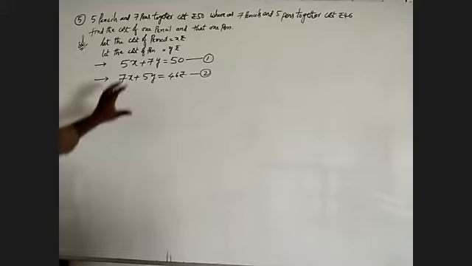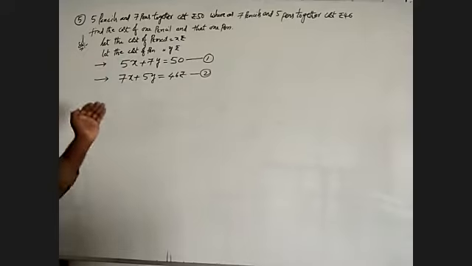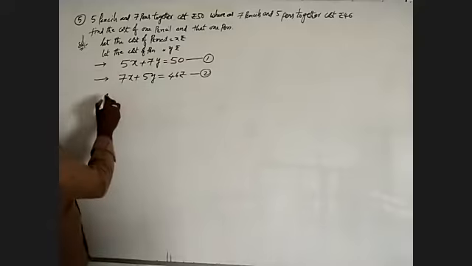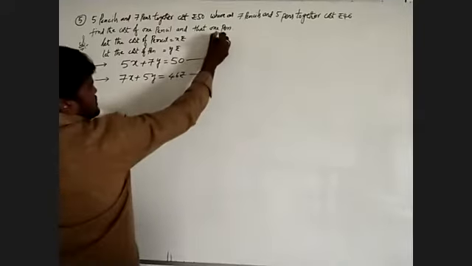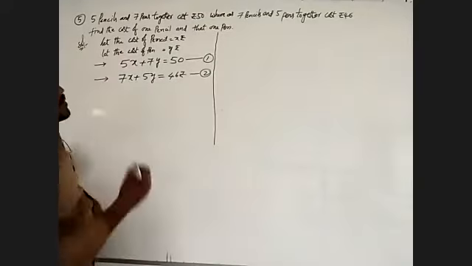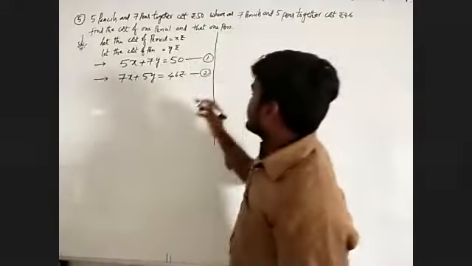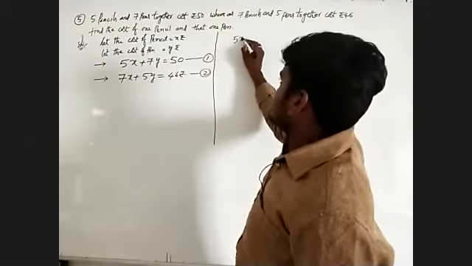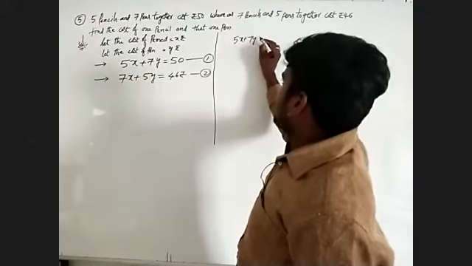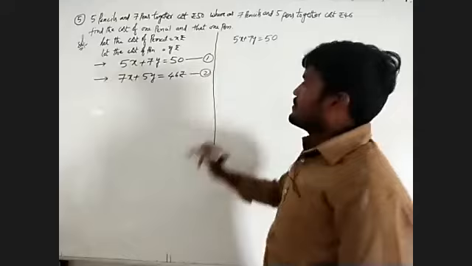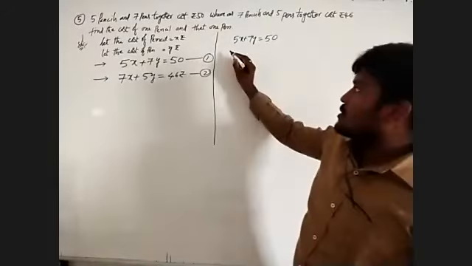Here, using these two equations, we have to consider some x values and find the y value. First we take the first equation, 5x plus 7y equal to 50. Here we have to take x.